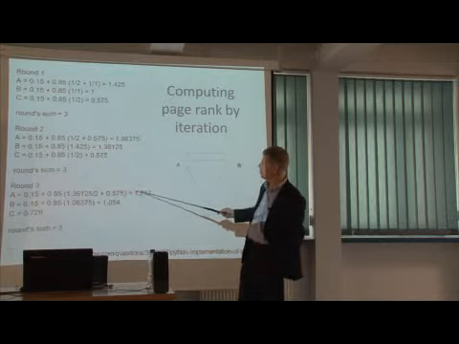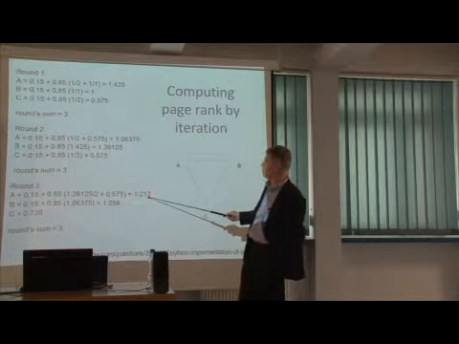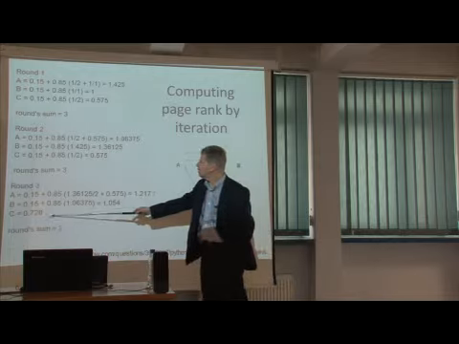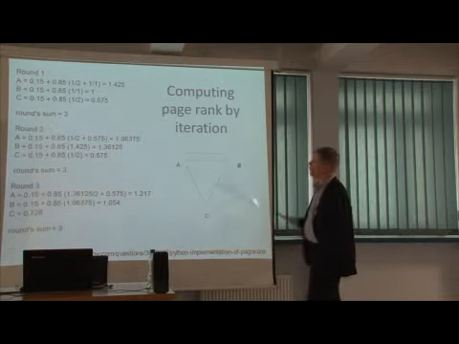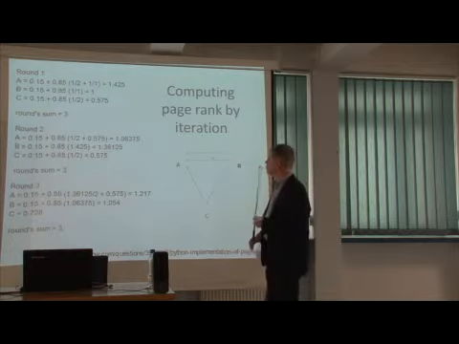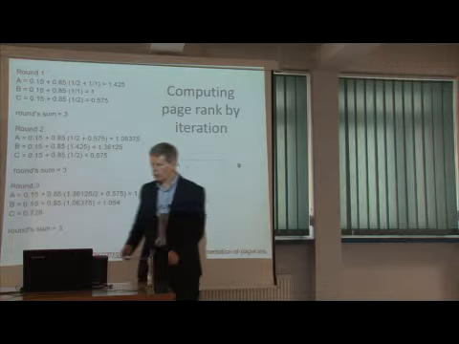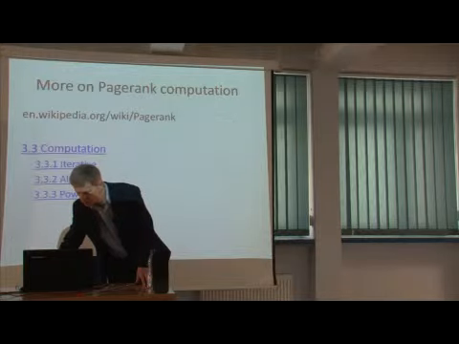After round 3, we see that the rank of A increased, the rank of B decreased, and the rank of C also somehow increased. So a couple more iterations would give you the final numbers, or you can solve a set of equations and it's also going to give you something similar. Not exactly the same, but similar.